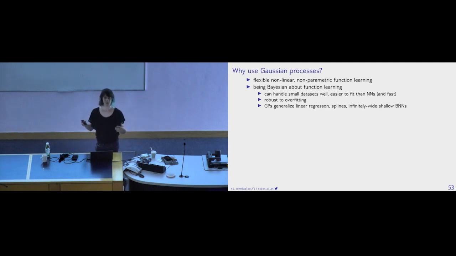So there's a bunch of theoretical reasons for wanting to use GPs as a Bayesian building block for learning functions. Then they allow us to capture the uncertainty that we still have about this function.